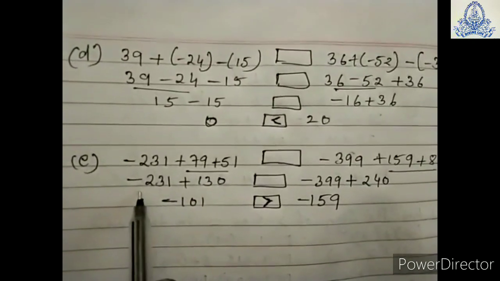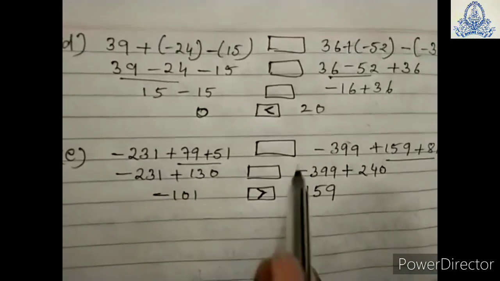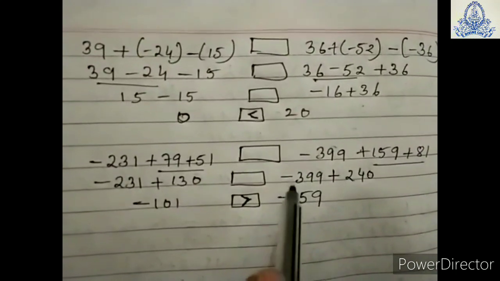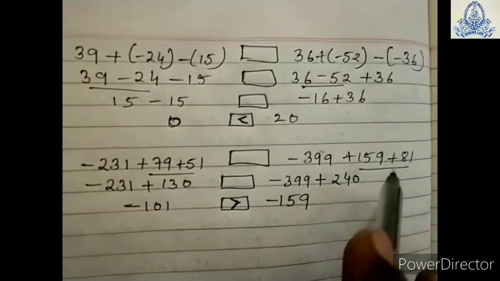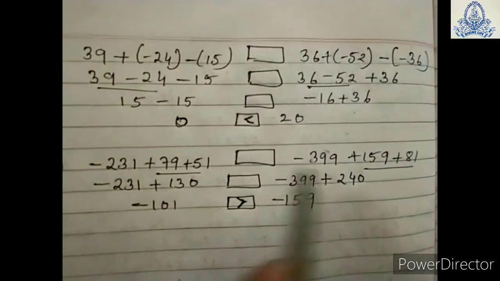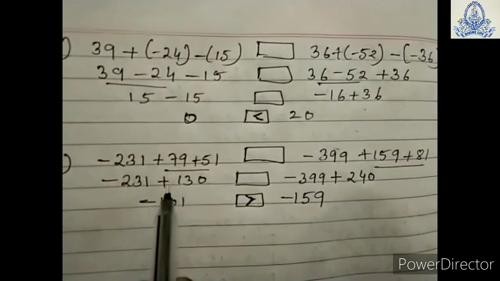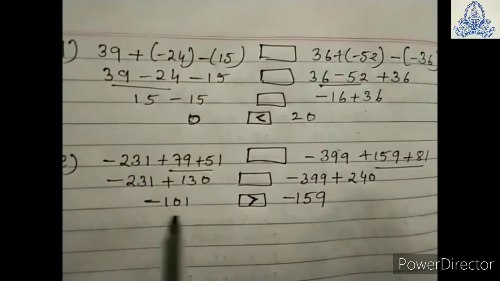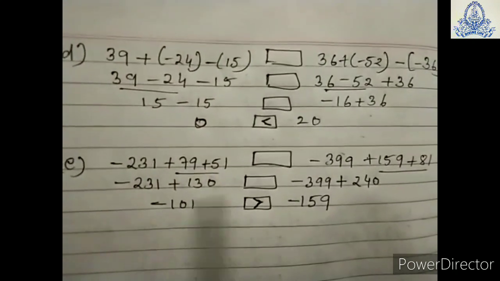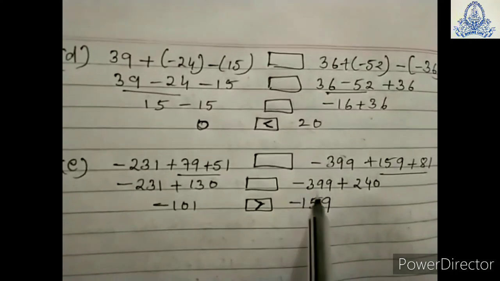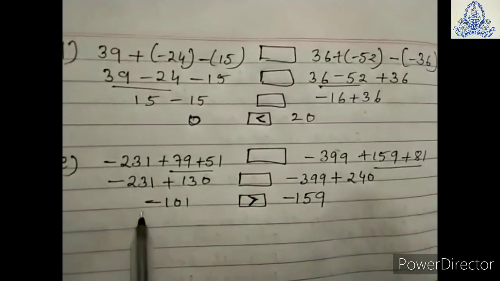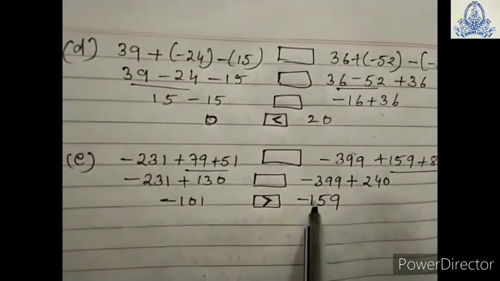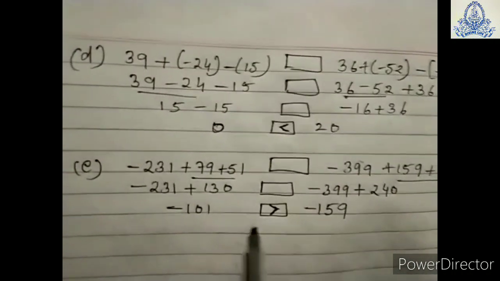So minus 231 plus 130, and on the right hand side minus 399 plus 159 plus 81 is 240. So minus 231 plus 130 we get minus 101 on the left hand side. On the right hand side we get minus 399 plus 240, which is minus 159. So minus 101 is greater than minus 159.